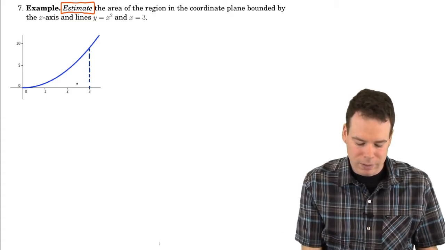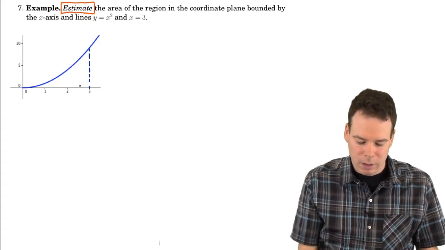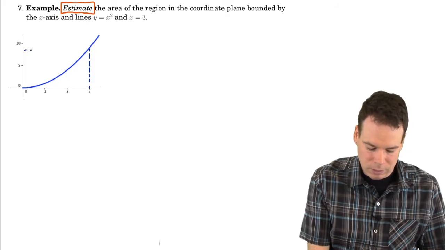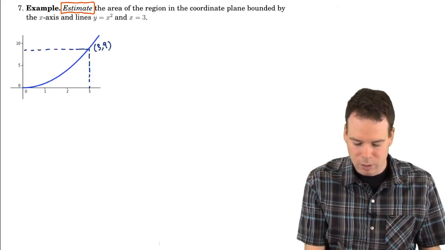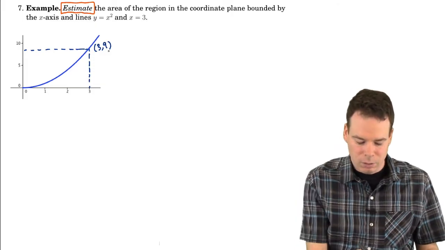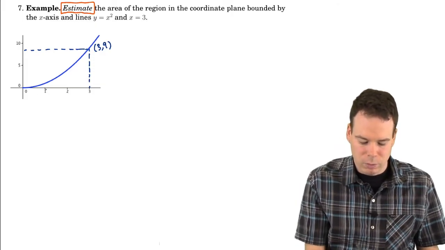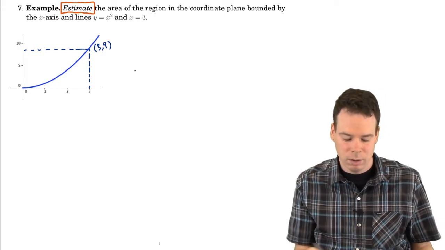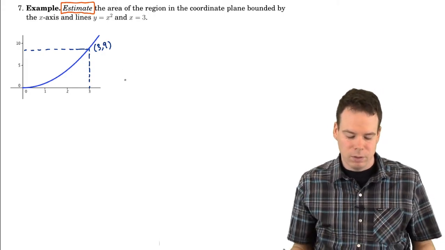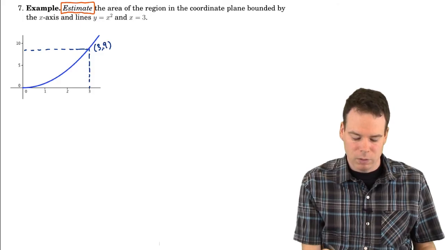So what can we do to estimate the area of this region? Well, we could cap it off at the height there, so that's 9, a rectangle of height 9. Notice the scale on the axes is different for the x and y axes, and that's why this looks like it's shorter than it is wide, but it's actually taller than it is wide, if you look at the values of the y value versus the x value.